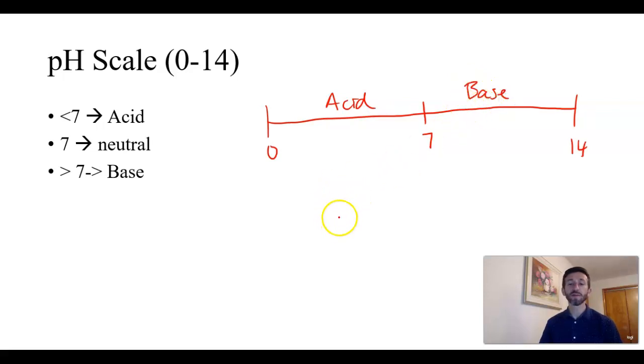Okay, so if we talk about a sample of pure water, you are going to have a little bit of hydronium in there and a little bit of hydroxide. Remember, when two water molecules collide, one transfers the hydrogen to the other. So we get hydronium and hydroxide, but only a little bit.